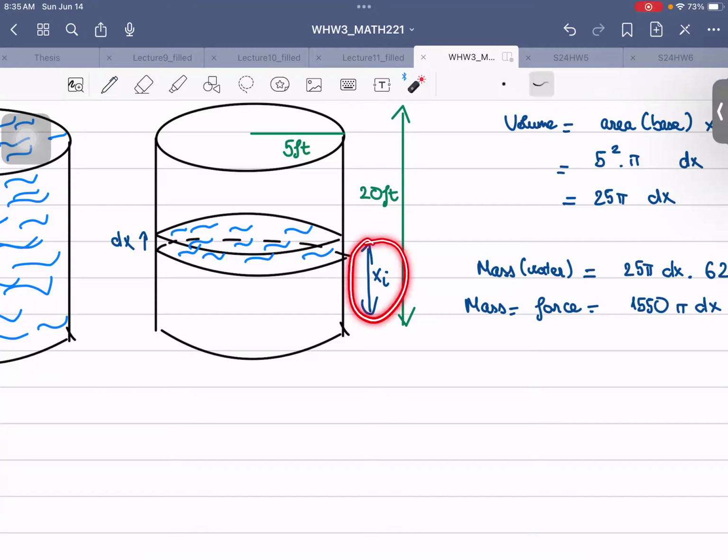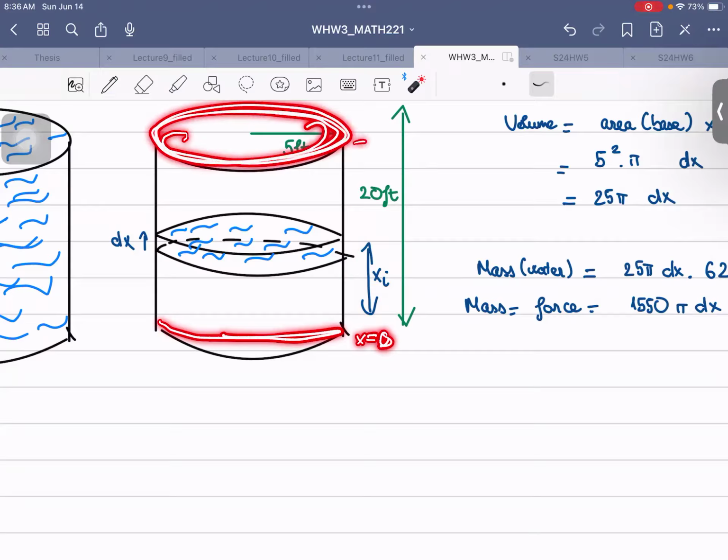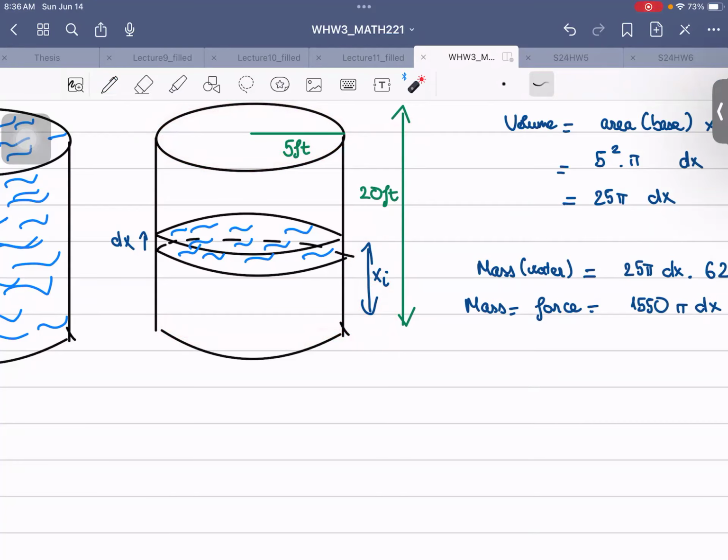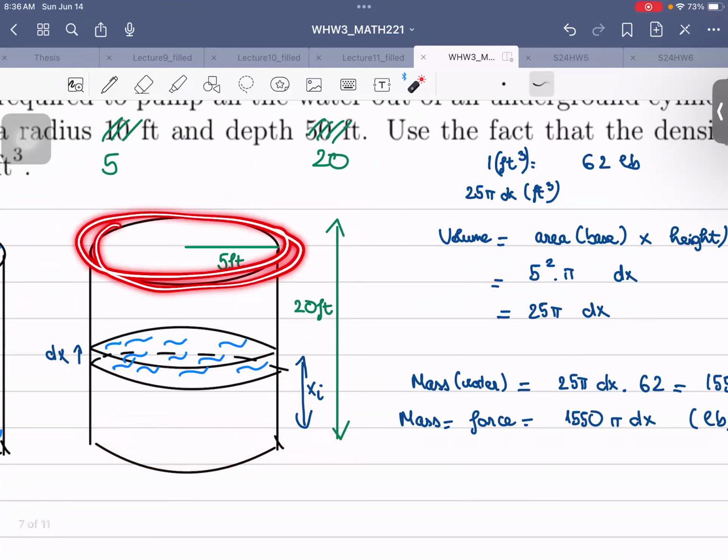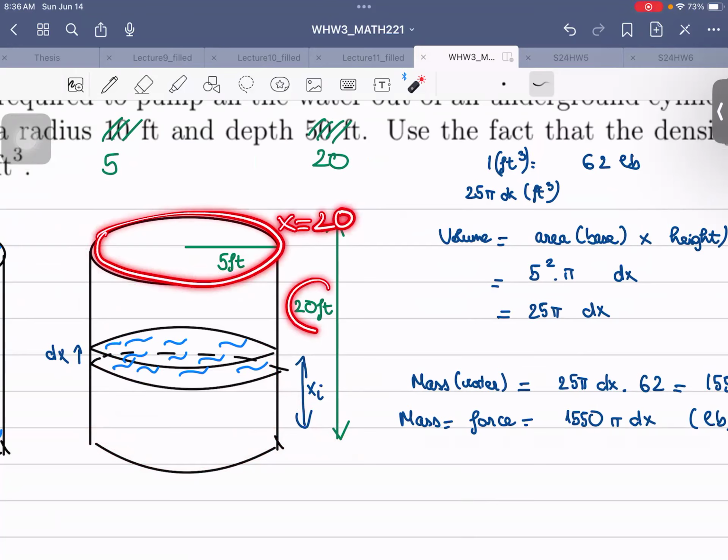The bottom layer will have x equal to zero, and the layer of water at the top will have x equal to 20, because the height of the entire cylindrical tank is 20 feet.